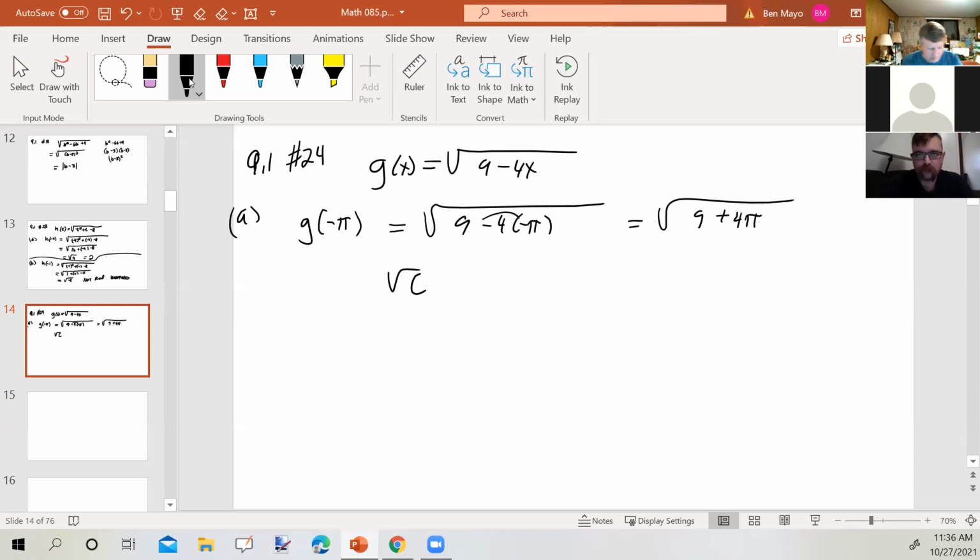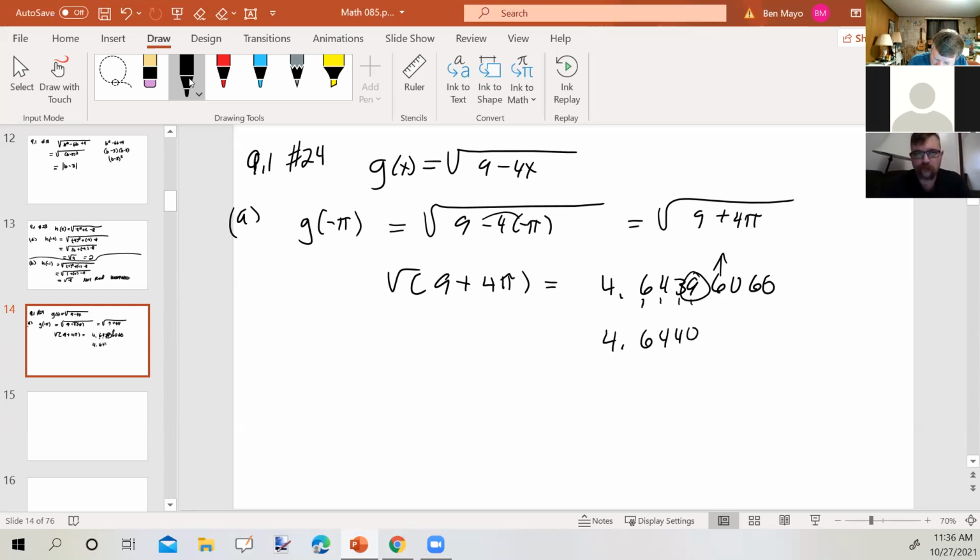So I've got 9 plus 4 pi, and then close it up. Push equals. I get 4.64396066. It said round to the nearest 10,000th: tenths, hundredths, thousandths, 10,000ths. So we go one more place, the 6 would round up, so we would get 4.6440.